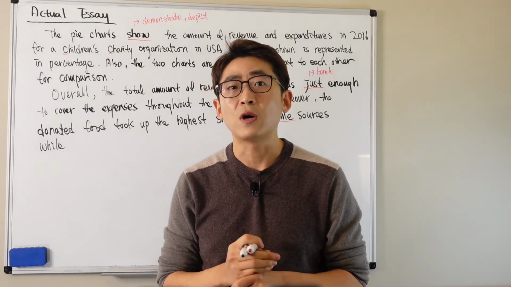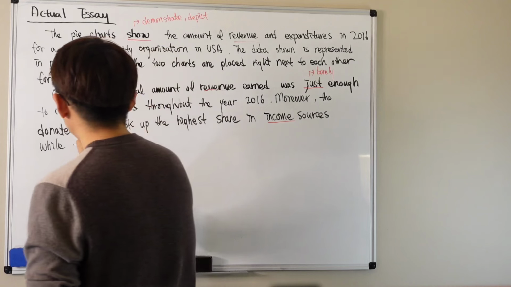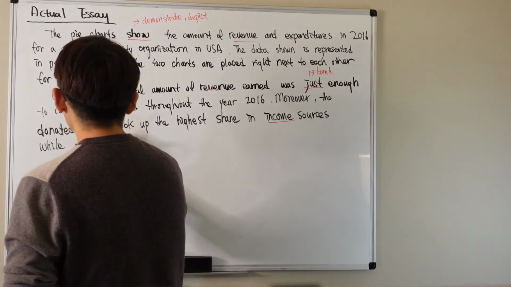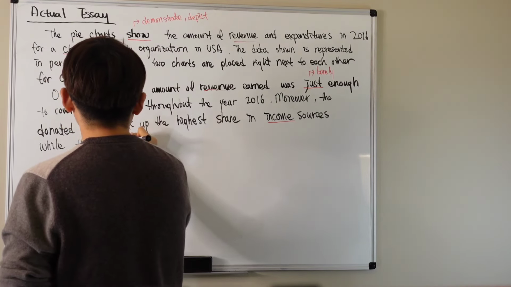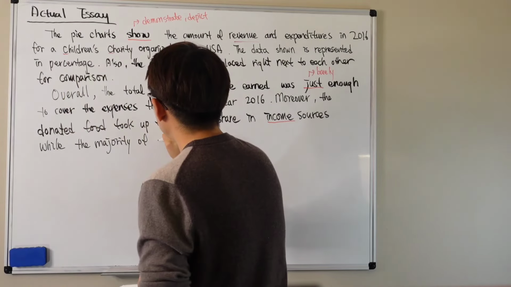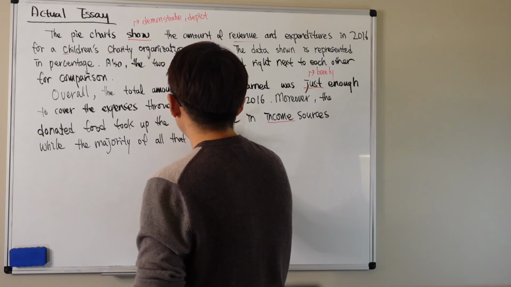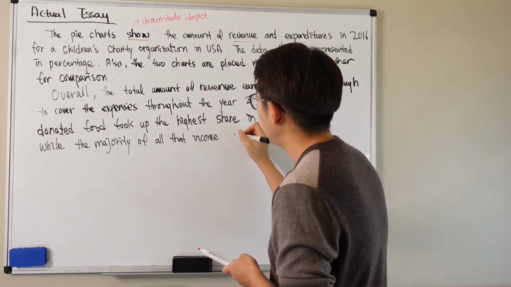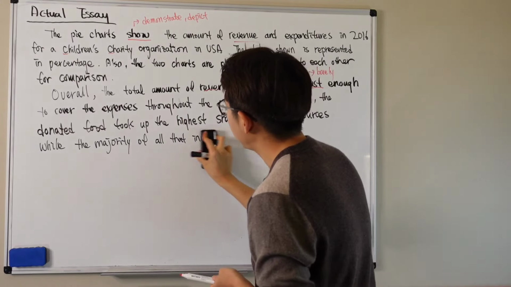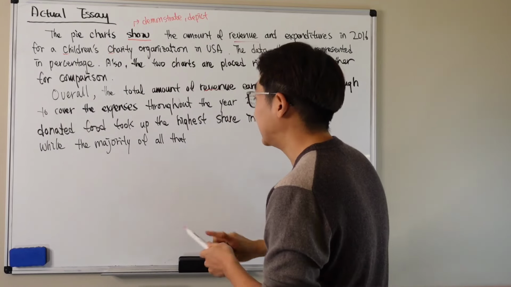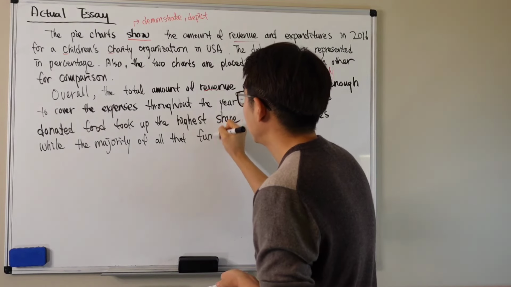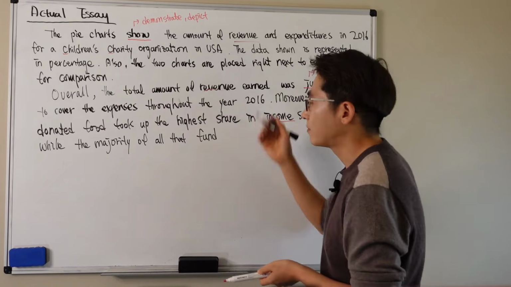So we can say while the majority of all that income, or we can say all that fund, to give some variety.